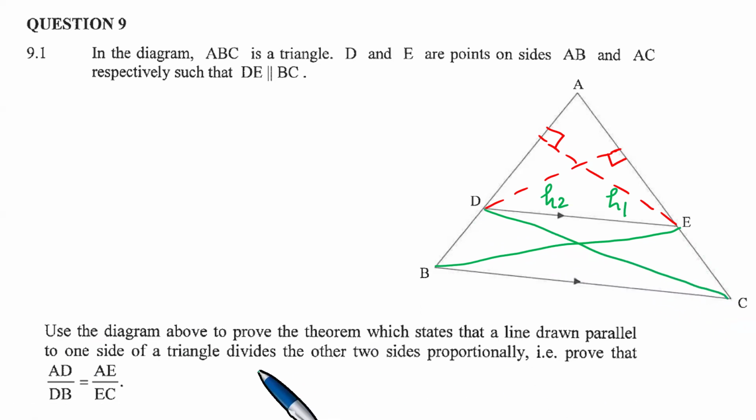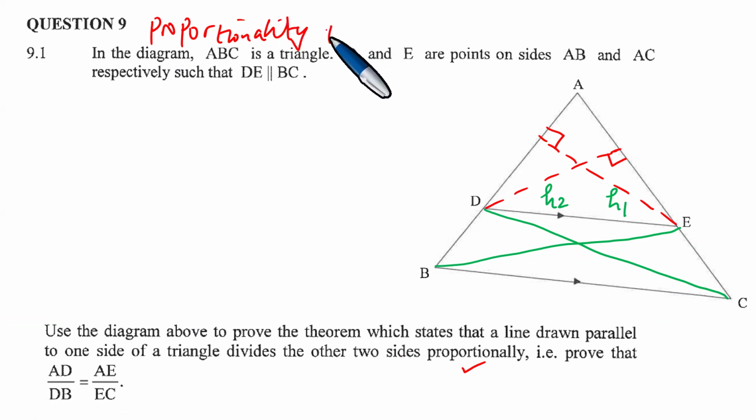So you perform those constructions. How do we describe the constructions we have done to prove this theorem, called the proportionality theorem? We call this the proportionality theorem construction.